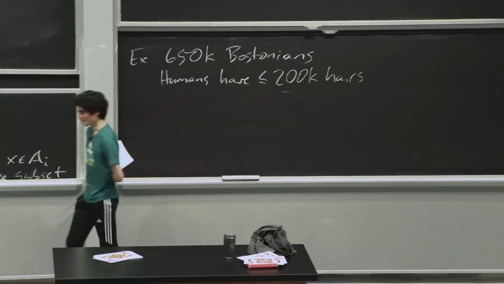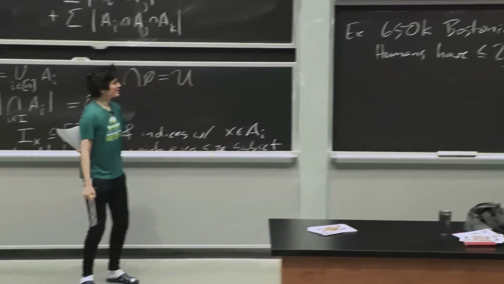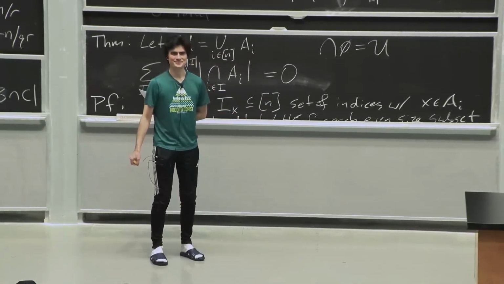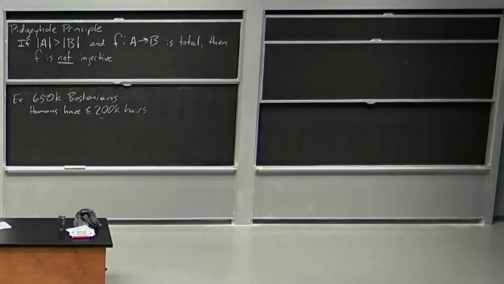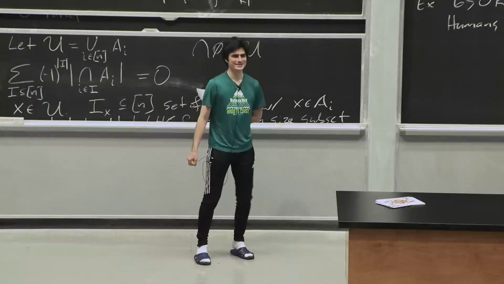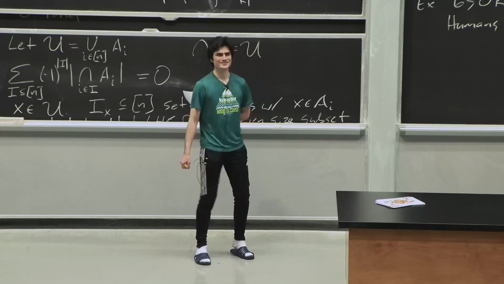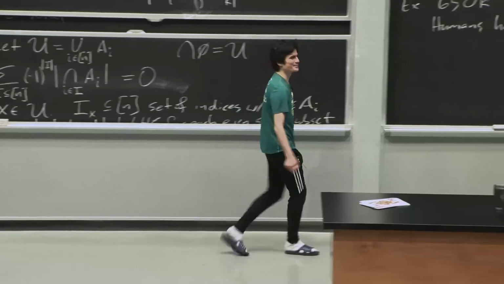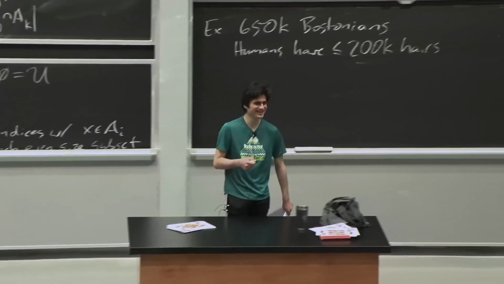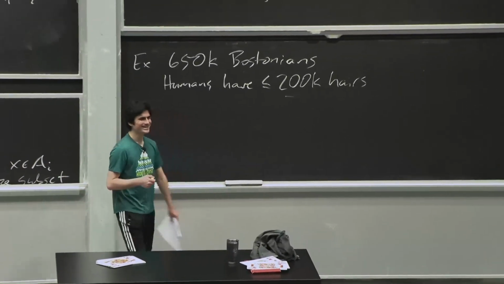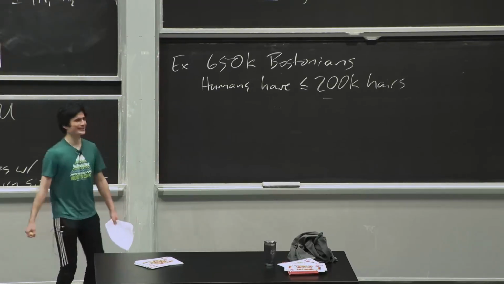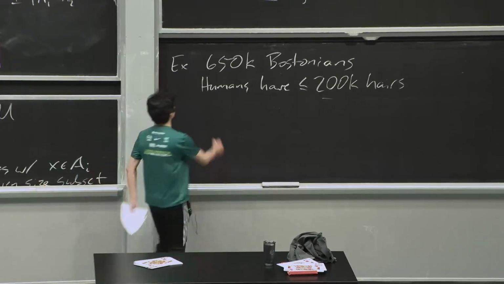Okay? So what does the pigeonhole principle tell us here? Any ideas? Getting some face palms. Yeah? Oh, good point. So the answer was at least 3 humans in Boston have the same number of hairs.